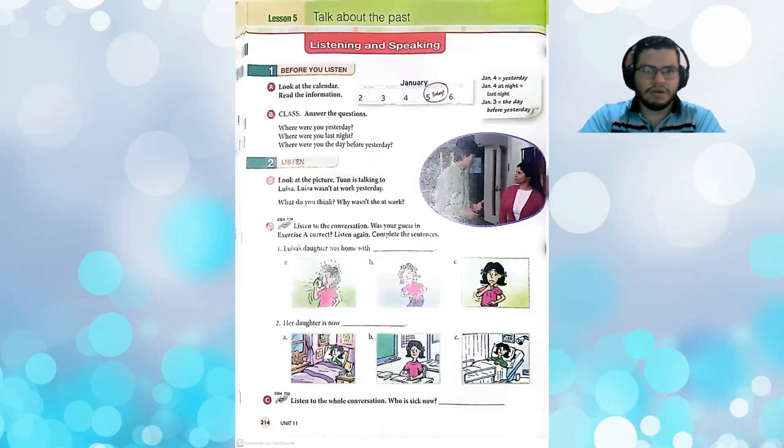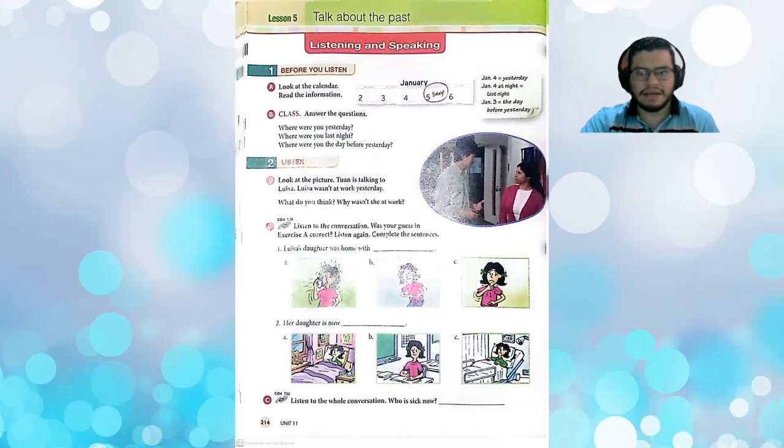Lesson number 5, talk about the past, listening and speaking. Before you listen, look at the calendar, read the information. January, and this is today. January 4, yesterday. January 4, last night. January 3rd, the day before yesterday. Si yo supongo que hoy es 8 de febrero.